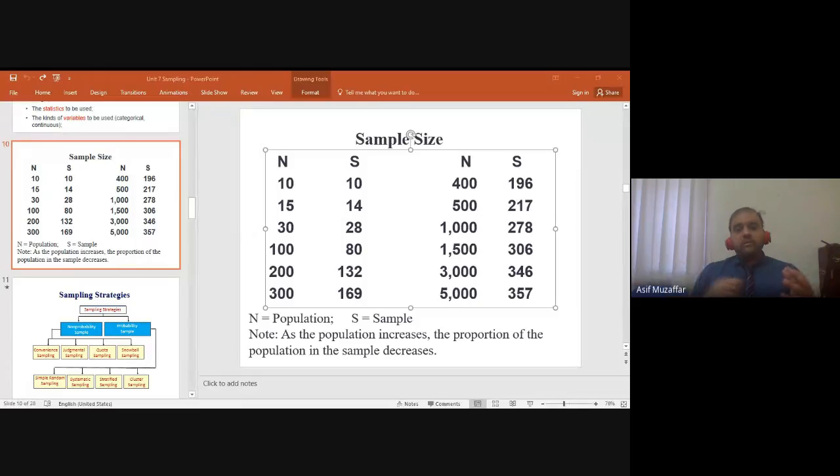Statistics is very simple if you can put it in your own words: what does 95% confidence interval mean? When you are making a sample, of course, the sample is small, the population is big. The result of your sample, you will say it for the whole population. Your research is about young doctors in Oman.